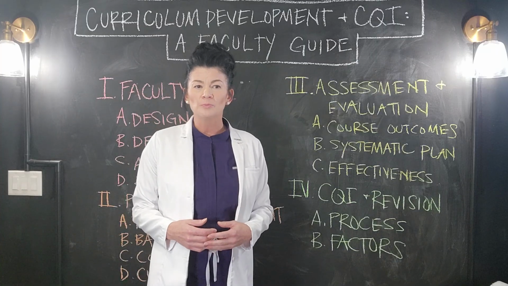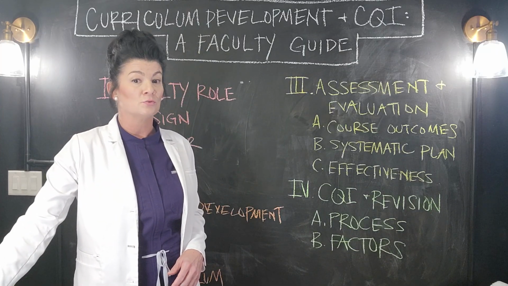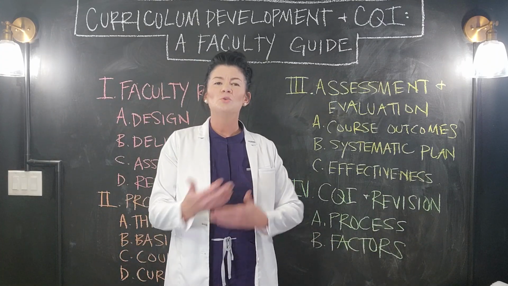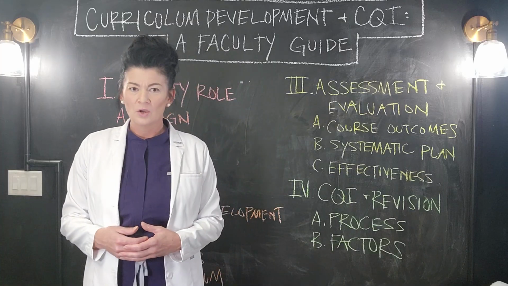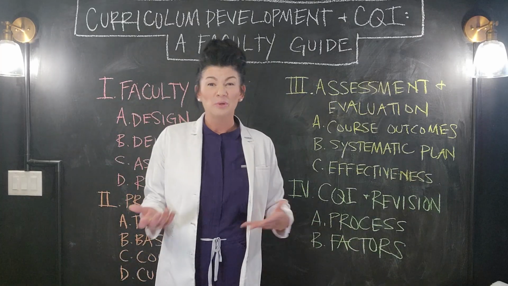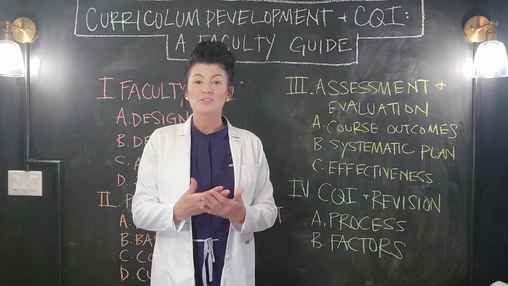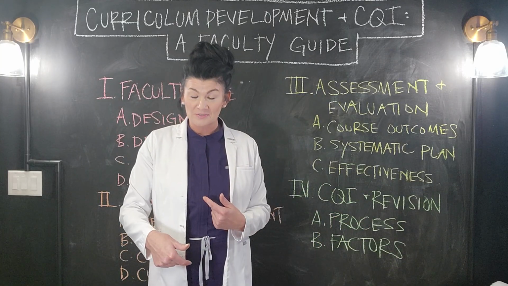The change is implemented for maybe a semester or a year, and then we collect new data. Did the revision fix the problem? Then the fourth stage of this cycle is act, where we standardize or we repeat. If the revision was effective, it's standardized across our program. If not, the cycle repeats.